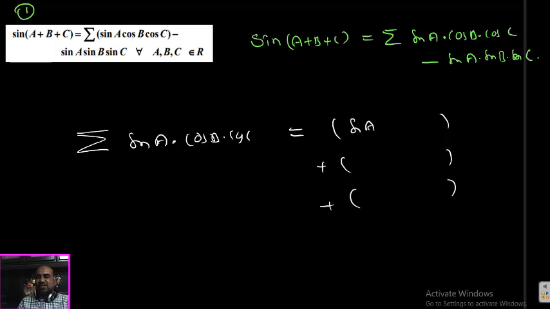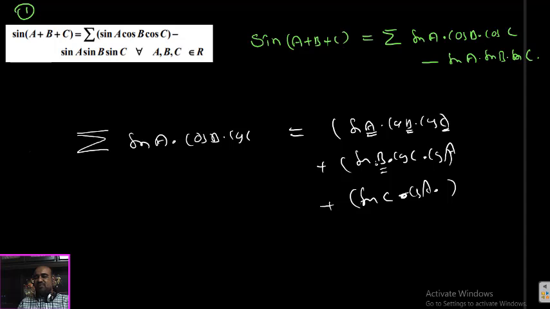First term is sin A into cos B into cos C. In the second term, A is replaced by B, B replaced by C, C replaced by A: sin B, cos C, cos A. Next term, sin B replaced by C, into C replaced by A cos A, into A replaced by B cos B. So sigma sin A cos B cos C means this: sin A cos B cos C plus sin B cos C cos A plus sin C into cos A into cos B.